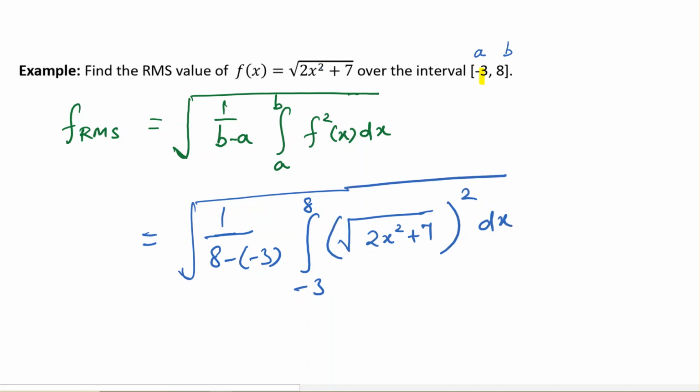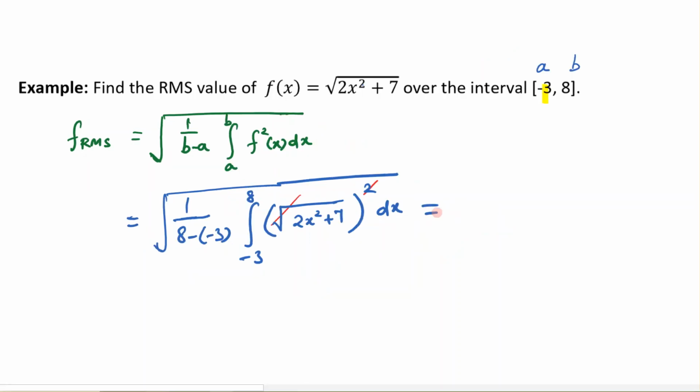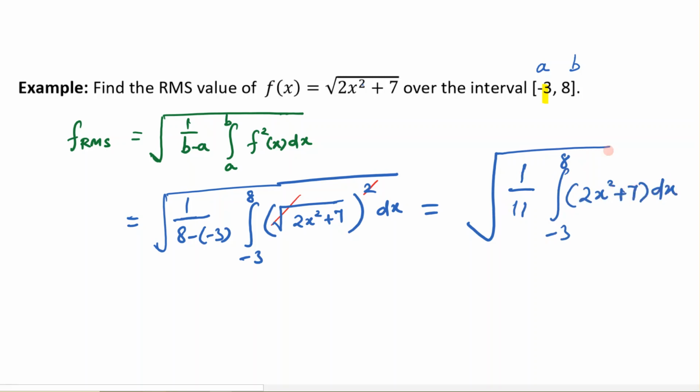First we notice that the square and square root cancel each other, and this becomes equal to the square root of 1 over 8 plus 3, 1 over 11, and the integral from -3 to 8 of the function 2x squared plus 7 dx.